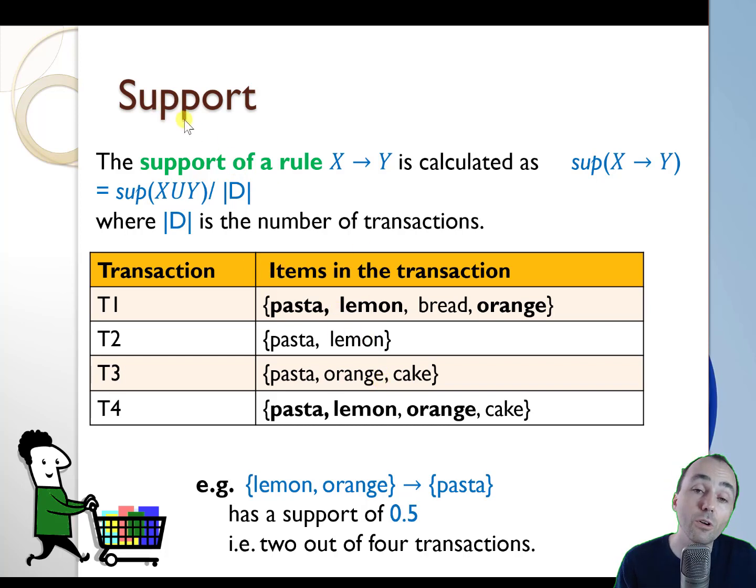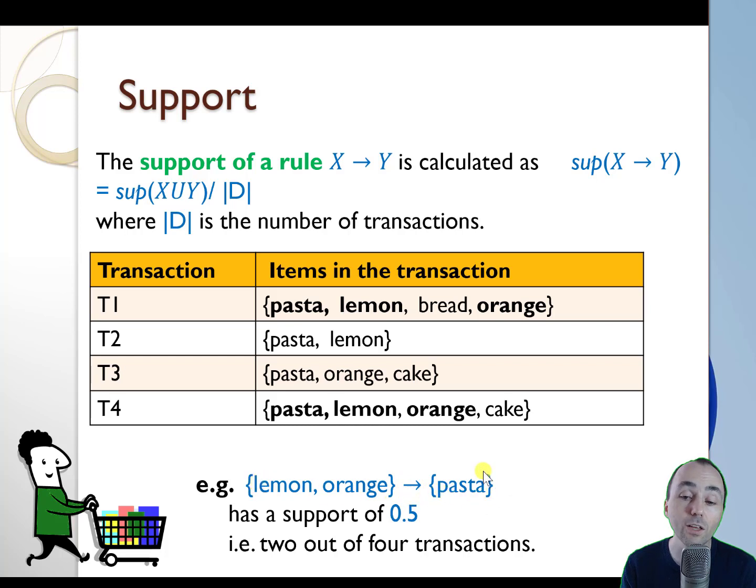Okay. First, we will use the support. We'll calculate the support of the rules. So the support of a rule X imply Y is the number of times that you have X and Y together divided by the size of the database. Okay, how many transactions in your database. Let's take an example to explain this clearly. I have a rule, lemon orange imply pasta.